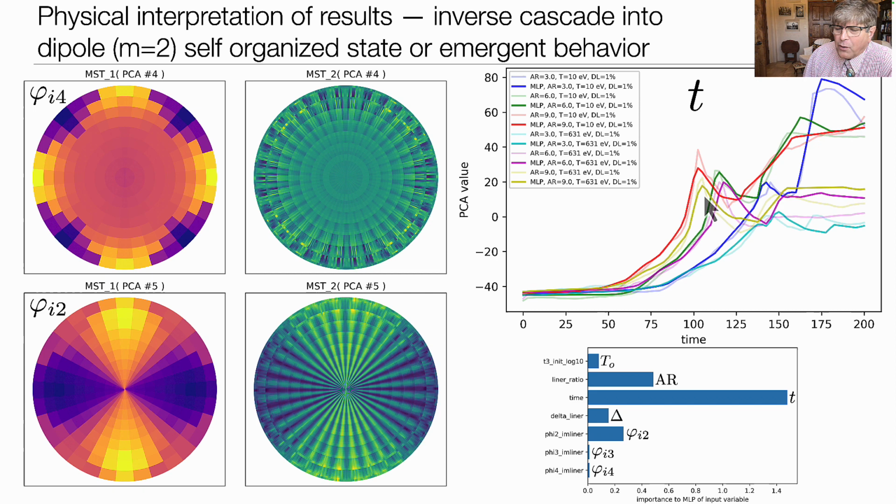Then as we increase the thickness of the liner or decrease the aspect ratio, you see the acceleration is less, so it takes longer to compress. And you also see that the higher initial gas temperature takes a little bit longer to compress and does not compress as much.